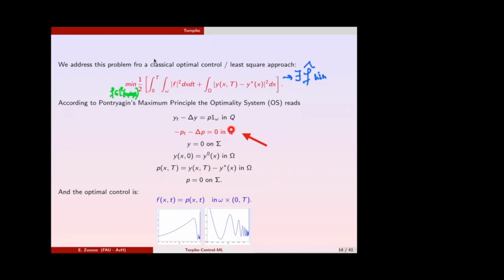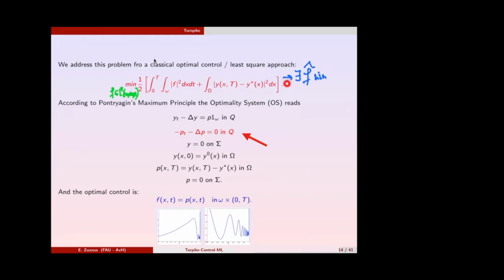But you see, as I anticipated before, that when you are doing so, of course, the control will be just given by the adjoint minimizing the system. The control then is equal to P, which is one solution of the adjoint.